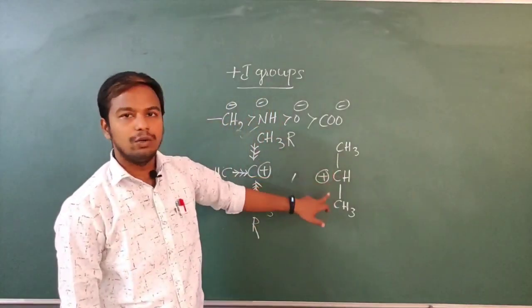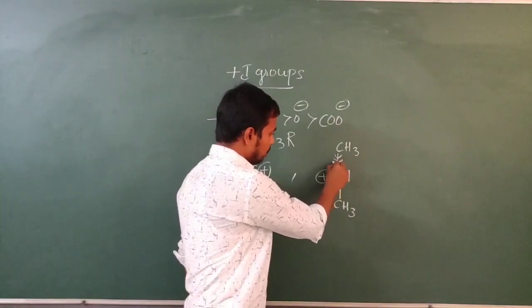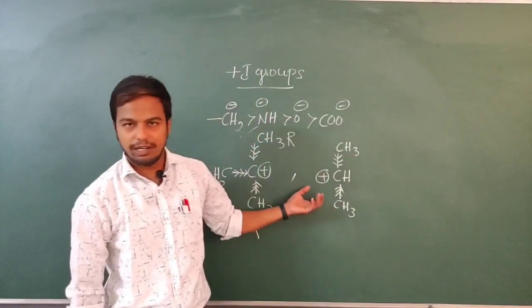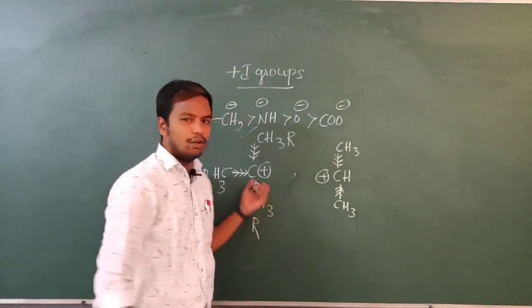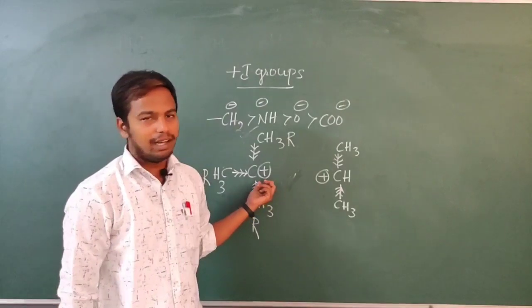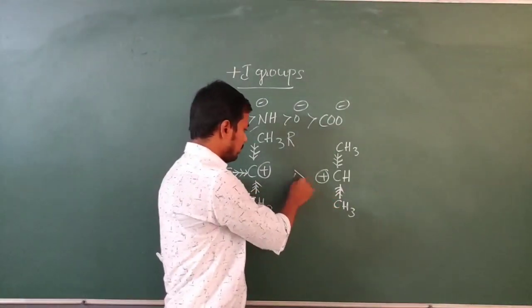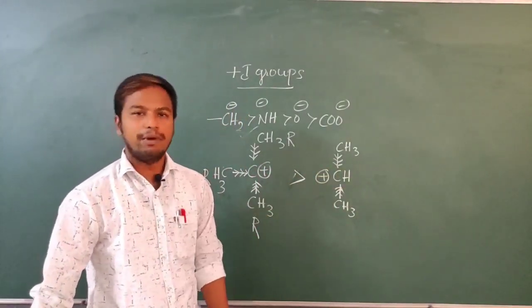We got two alkyl groups here, and those two alkyl groups contribute to the electron deficient nature of the carbocation. Comparatively, we got three alkyl groups here, whereas here we got only two. So tertiary carbocation is more stable than secondary and primary.